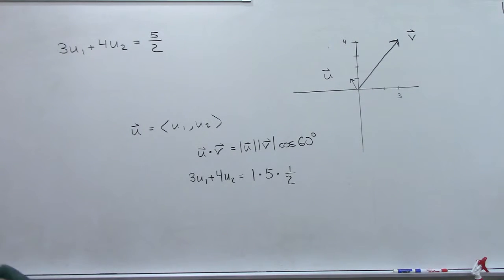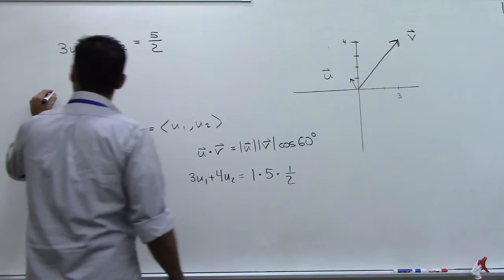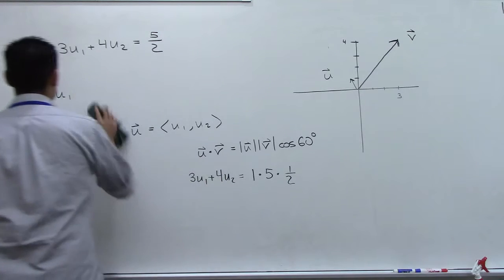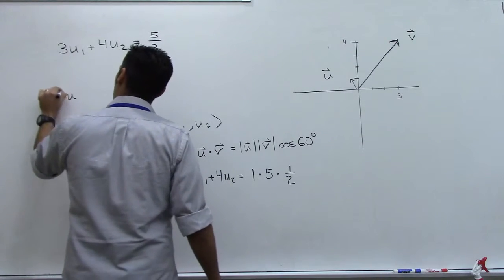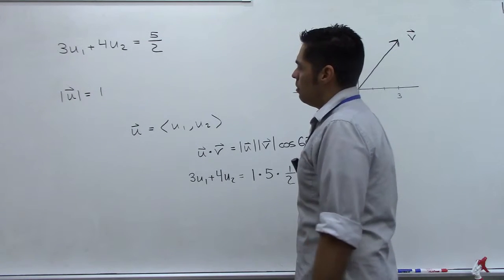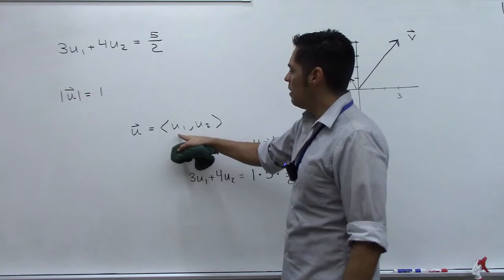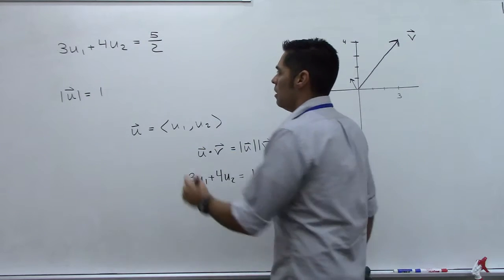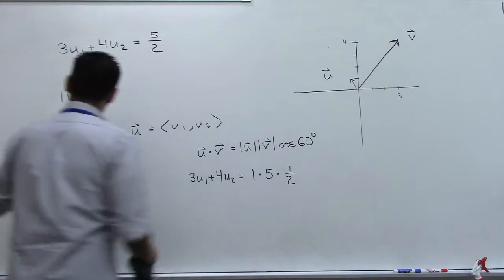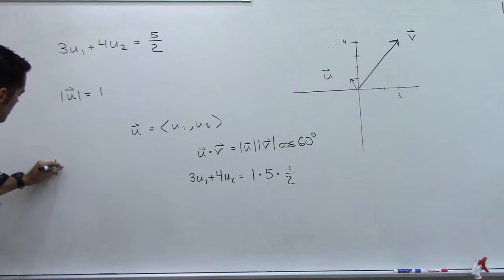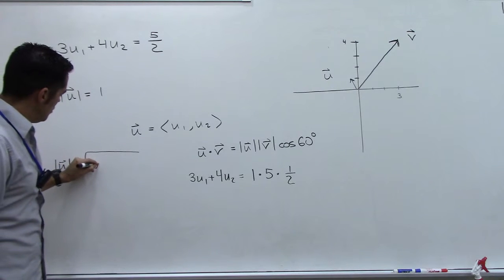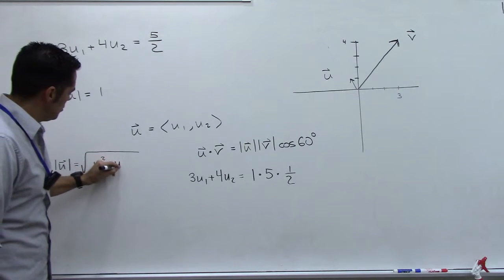The other condition I haven't looked at is that the magnitude of u had to be 1. So let's find its magnitude. The magnitude of u is the square root of u1 squared plus u2 squared.